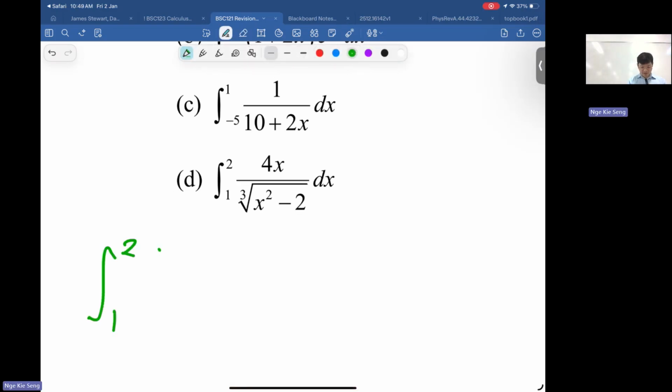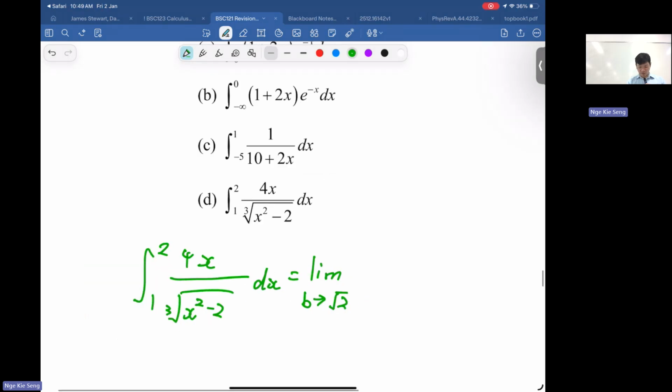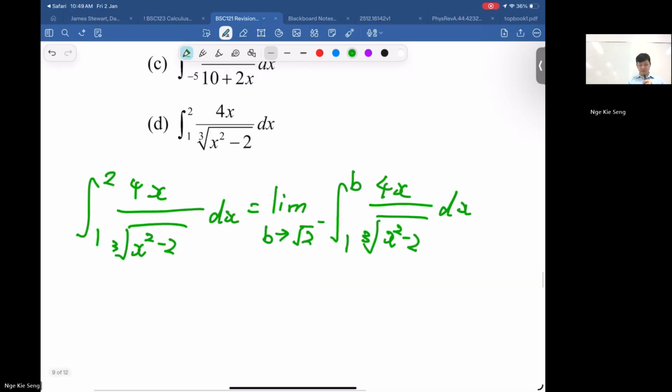So this limit will be defined only if these two numbers here make sense. So you need to go to square root 2 from the minus part, and then also from the positive part.